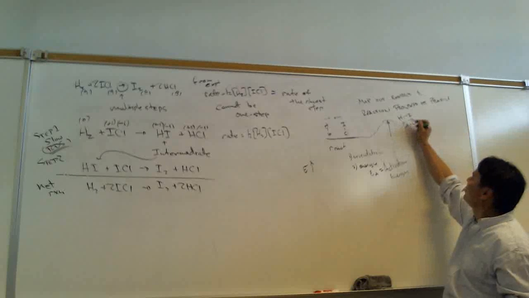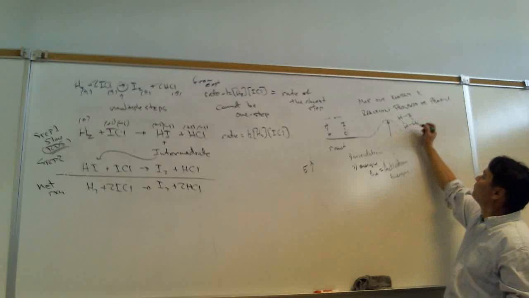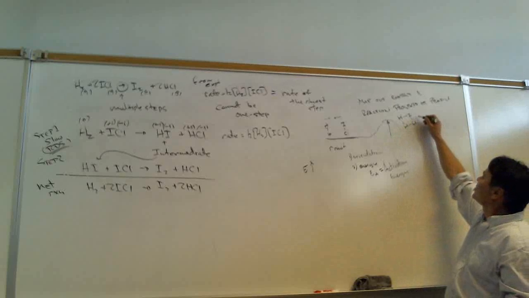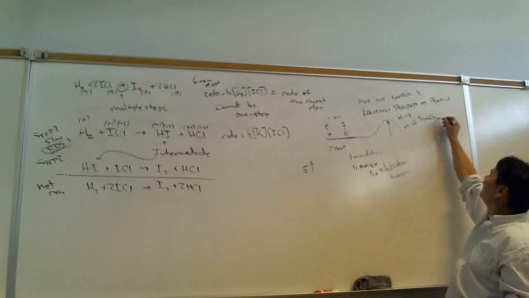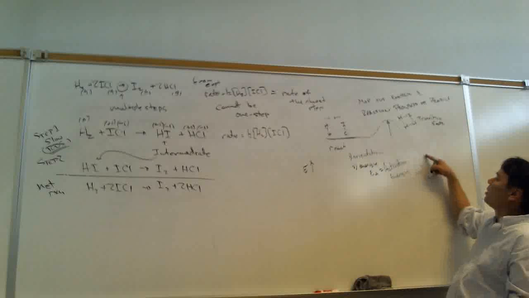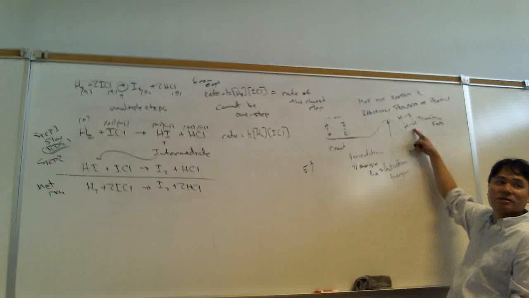And the HH bond is breaking, and the ICl bond is breaking. This is called a transition state. It's just transitioning from the reactant to the product here. And you don't capture this. This is not stable.